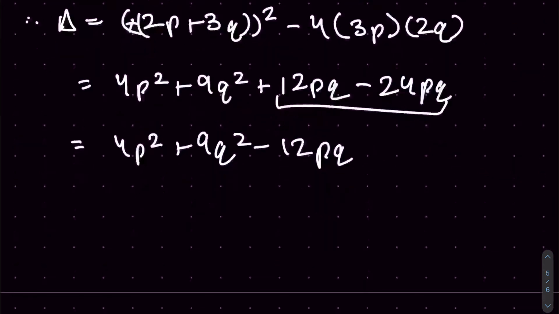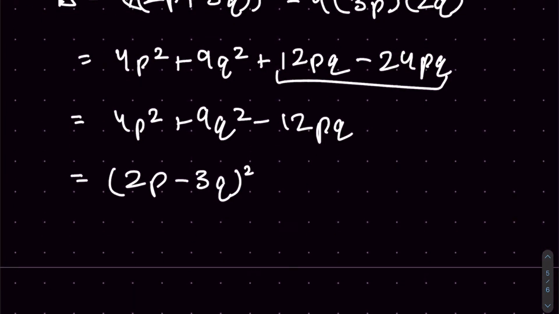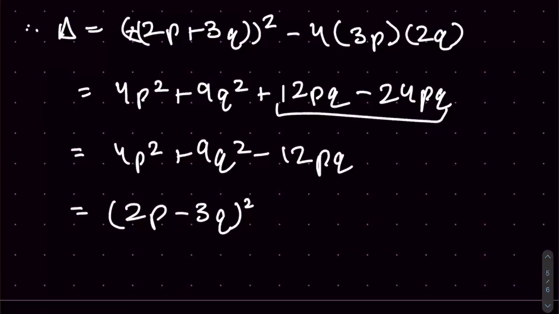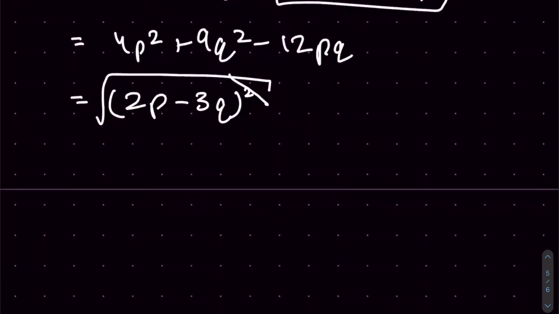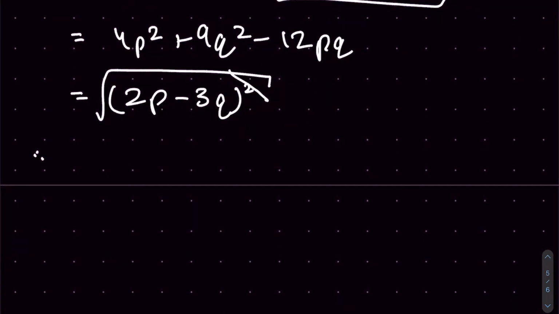Factorizing this, we get (2p minus 3q) whole squared. Since our discriminant is a perfect square, it's going to be inside the square root in the quadratic formula, and this will cause it to cancel out. No more square roots in our equation. That means we have rational roots, assuming that p and q are rational, which is given in the question.